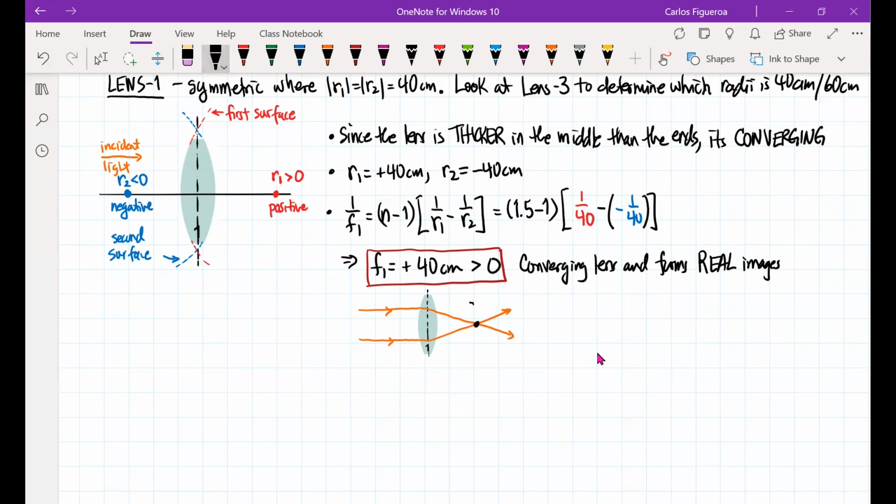This right here is the focal length. And that focal length from here to here is then 40 centimeters on the right side.